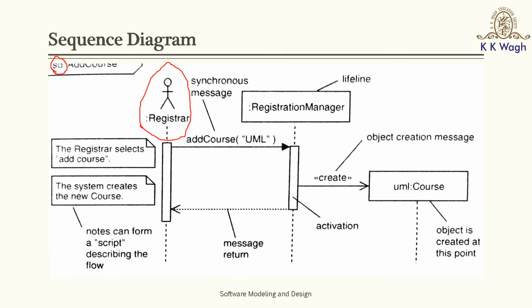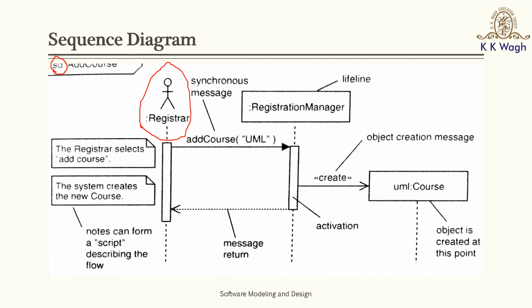So this is the essence of activation, or the rectangular box which is placed on this dotted arrow. So we can conclude that activation or focus of control are the standard terms, and we will use this whenever it is needed.